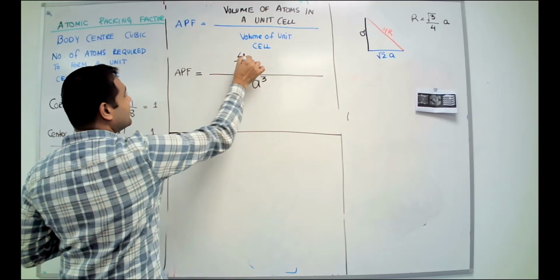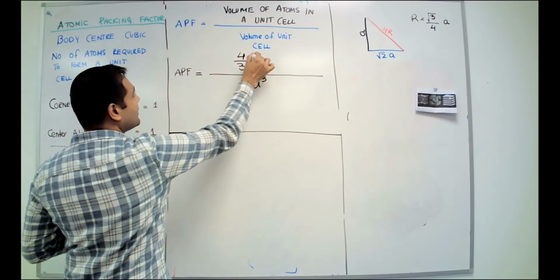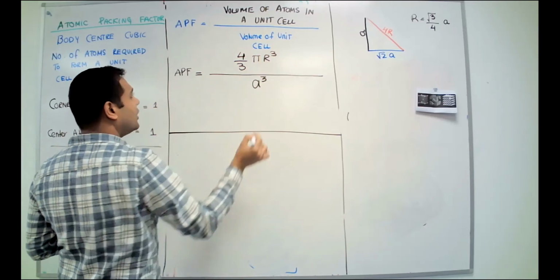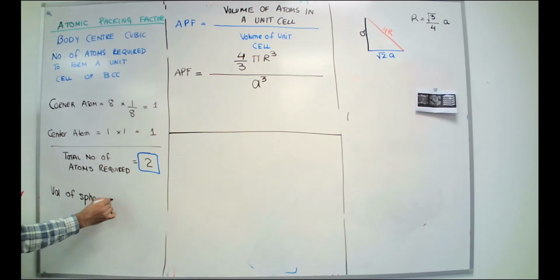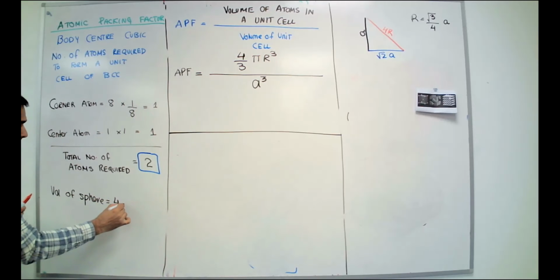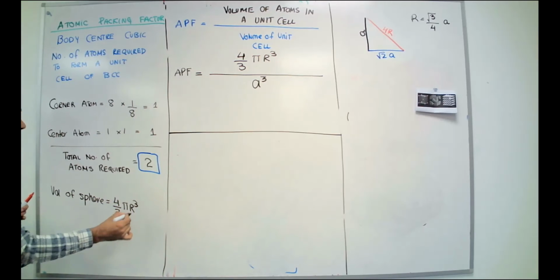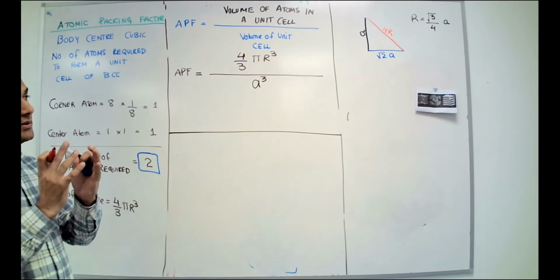Because the atoms are spheres, the volume of the sphere is, that's the formula, 4/3 pi r cubed.